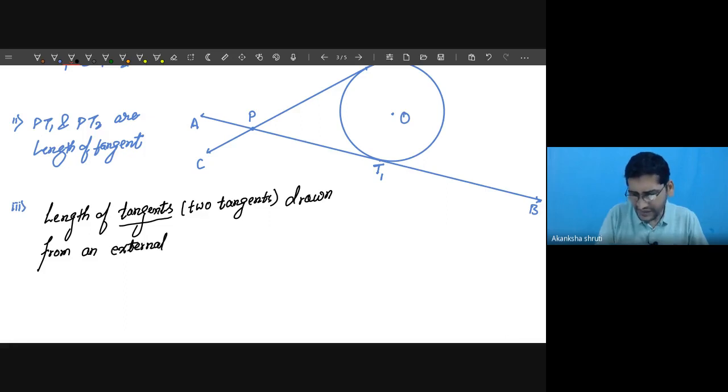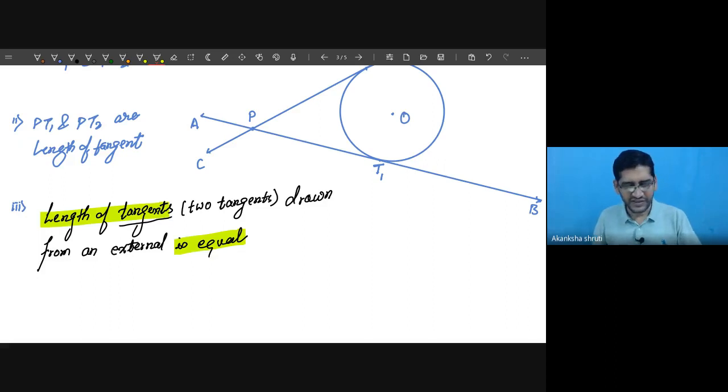Sometimes this language, drawn from an external point, is not even required. The lengths of tangents are equal. It is not "is", rather it is "are", students.